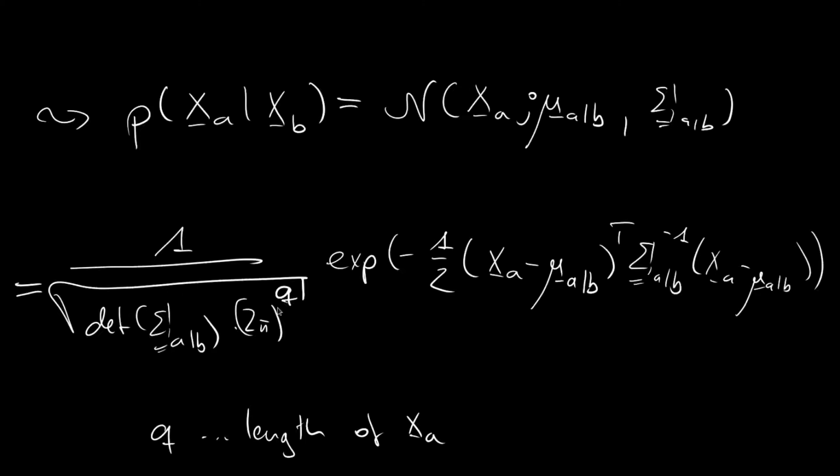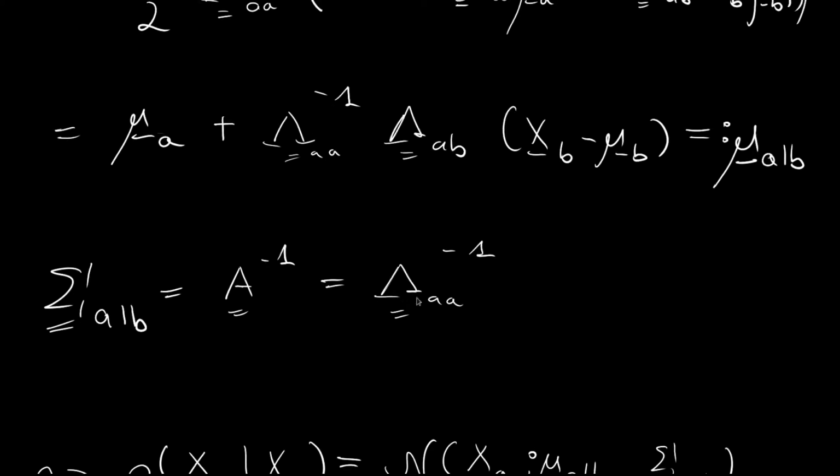But now you might ask yourself, wait a minute, we still only have defined our mu A given B and our sigma A given B in terms of lambda. And we don't know lambda, we only know sigma. And earlier we said that we can't just translate the lambda AA inverse by sigma AA. So this will be our last task.